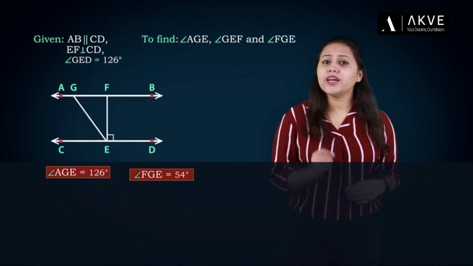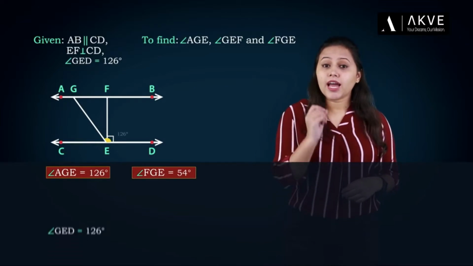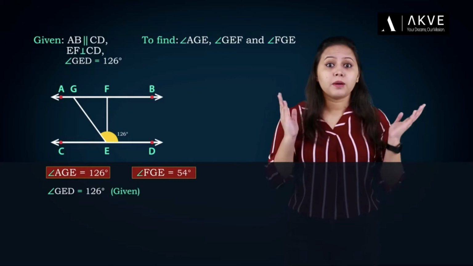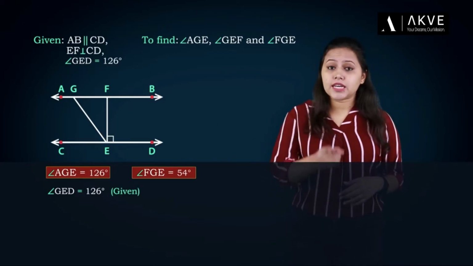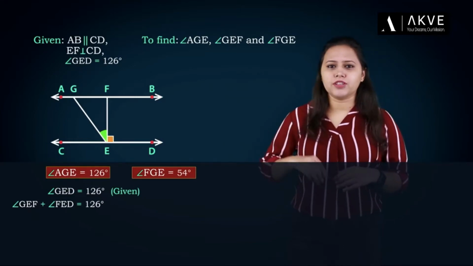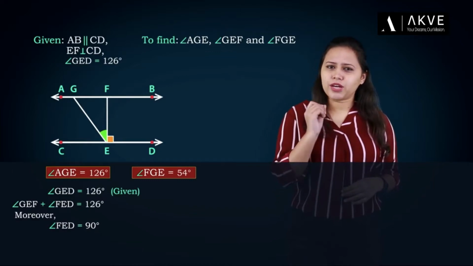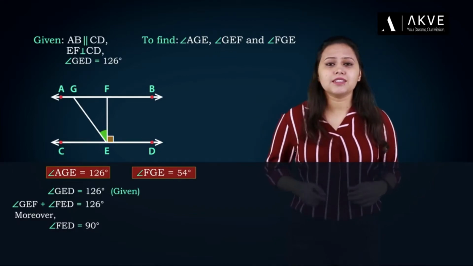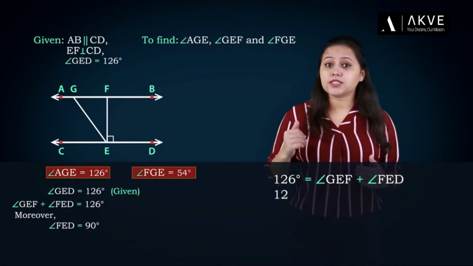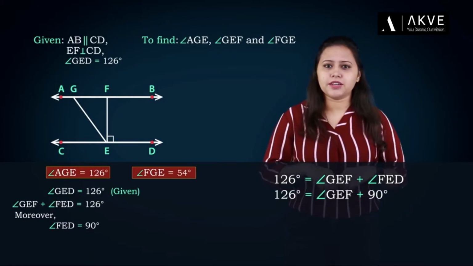Now we are only left with angle GEF. It is given that angle GED is equal to 126 degrees. But angle GED is the sum of angle GEF and angle FED. Moreover, angle FED is equal to 90 degrees. Thus, on substituting the values, we get 126 degrees is equal to angle GEF plus 90 degrees.